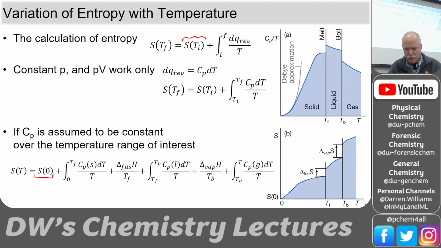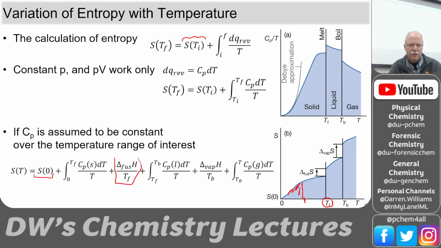So this right here is TF, temperature of fusion. It's the melting point. If it's still a solid, we would just go up to whatever temperature we're at. Let's say we're integrating to here, then we would have this entropy piece right here.